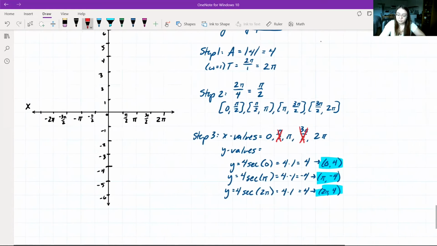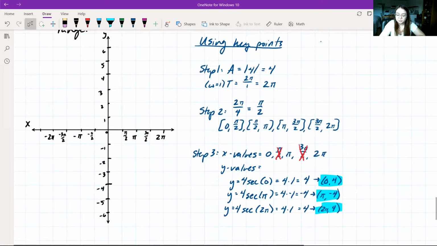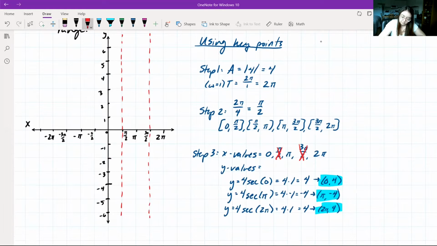So we draw in our vertical asymptotes of pi over 2 and 3 pi over 2. So first things first, we're only considering our period from 0 to 2 pi first, and then we'll consider another period.